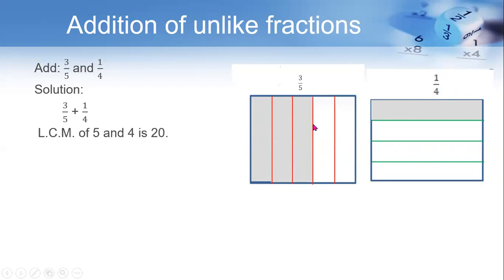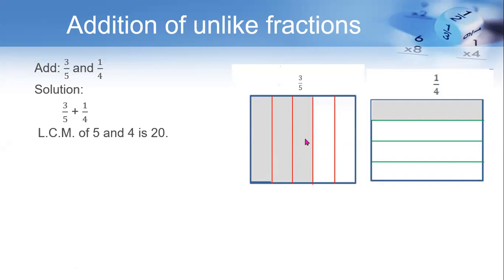So how many horizontal pieces do we have to make to get 20 equal boxes? Can you guess? Yes, 4.